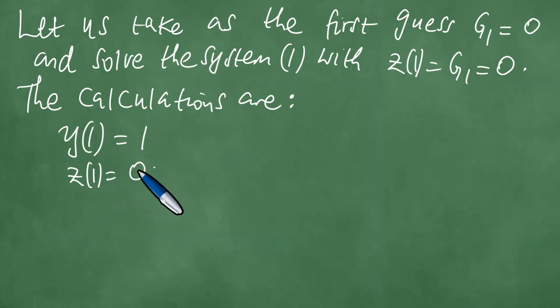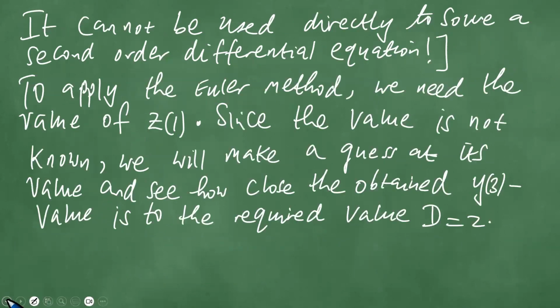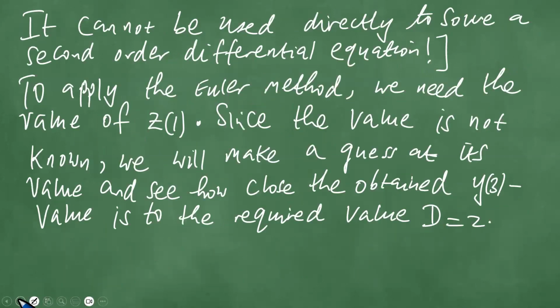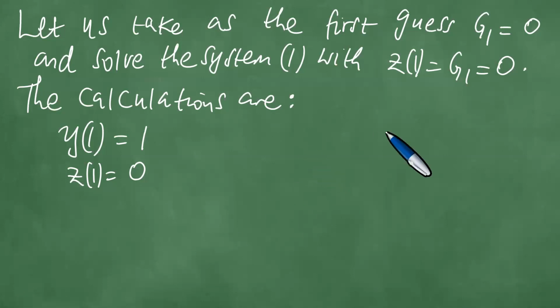Z at 1 is 0 because we just guessed. Let's start with 0 because we want to move towards 2. So we said let's start at 0 and then we'll possibly get to 2, the ultimate. So it's just a guess, not quite justified. So we continue.